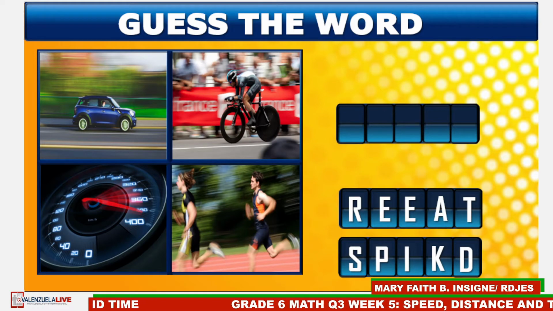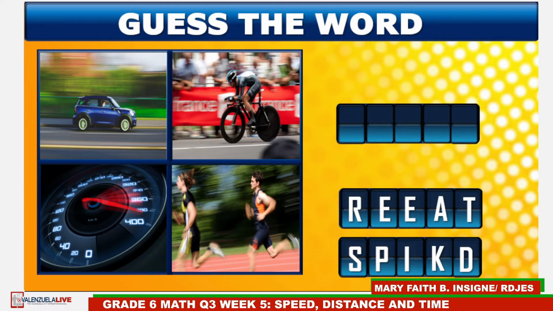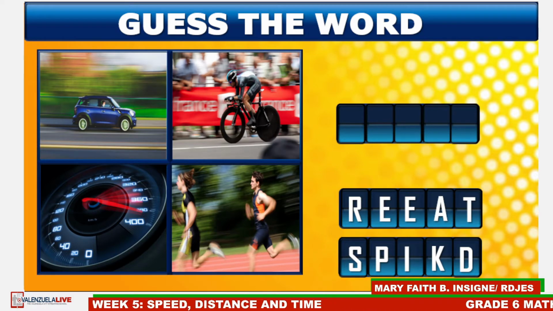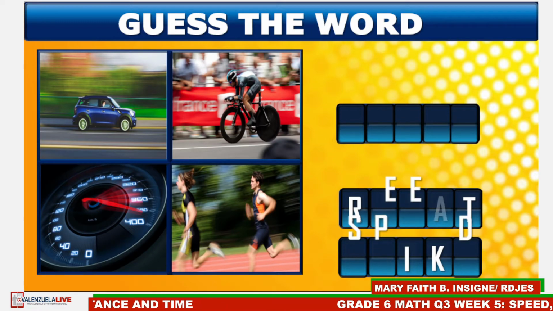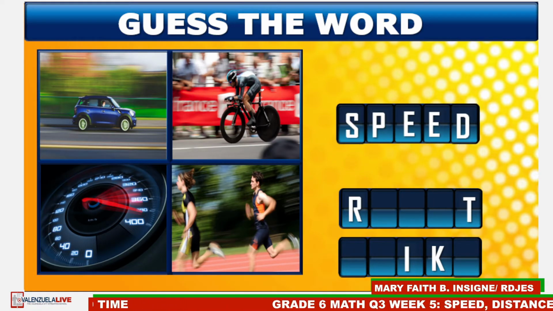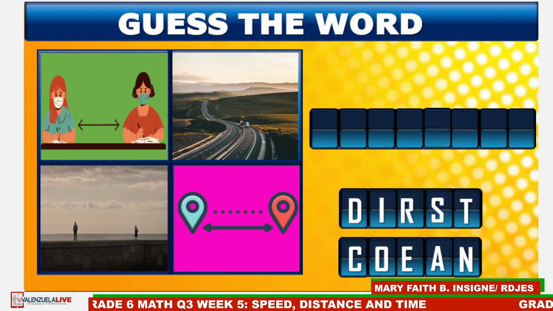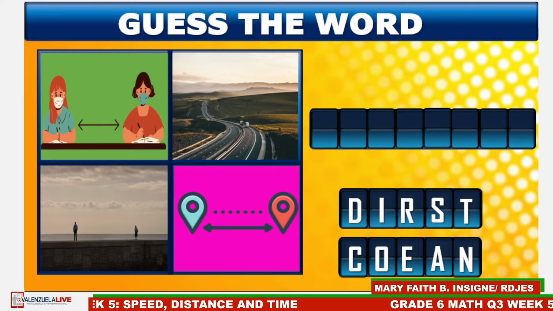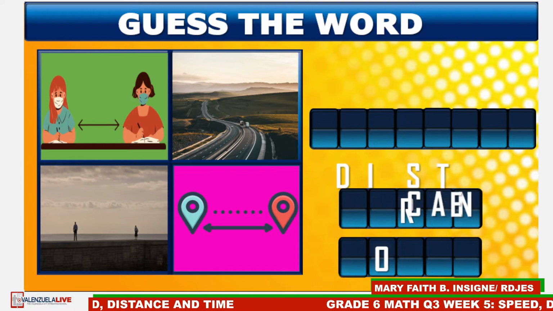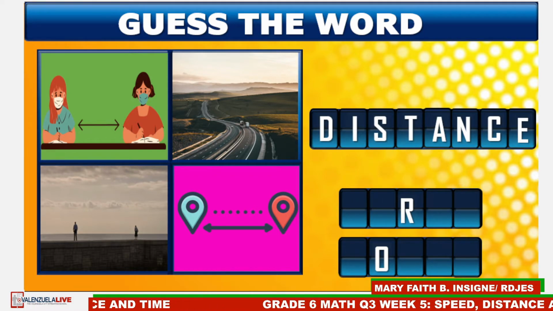Let's have our first clue. Look at the 4 pictures. What do they have in common? And here are the random letters. Can you guess what it is? Very good. The word is speed. The second clue. Can you answer what word you can form based on the 4 pictures you see? That's great. The answer is distance.